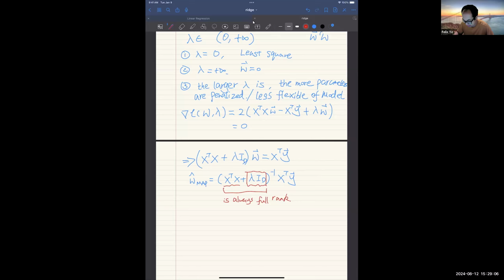You can also think of this whole thing as always positive definite, which is why it's always full rank.